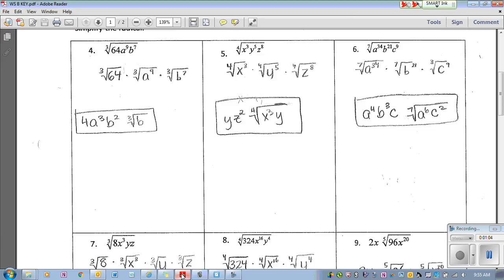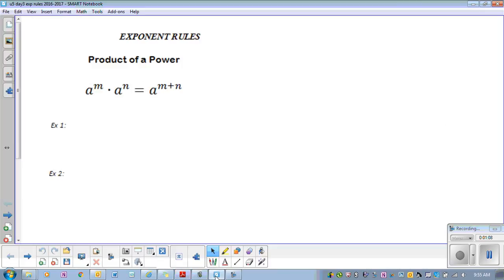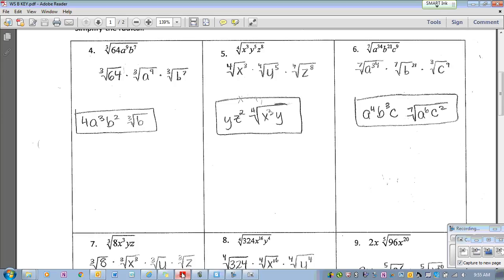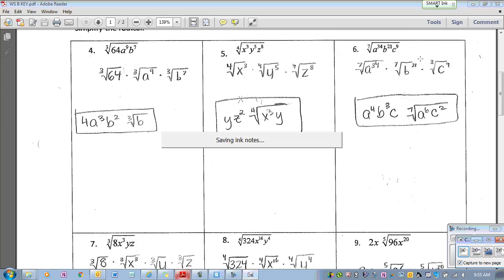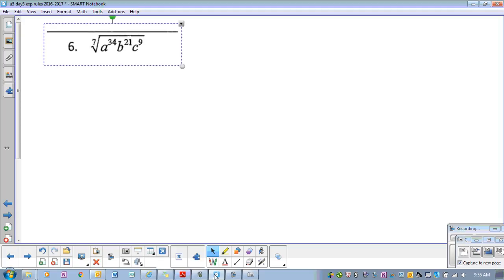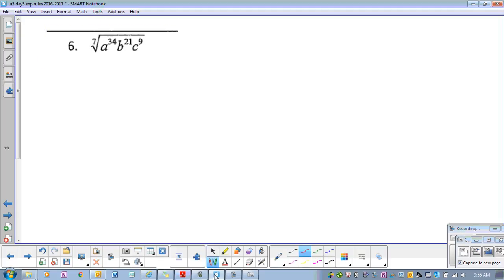So if I have a to the power over root, okay?